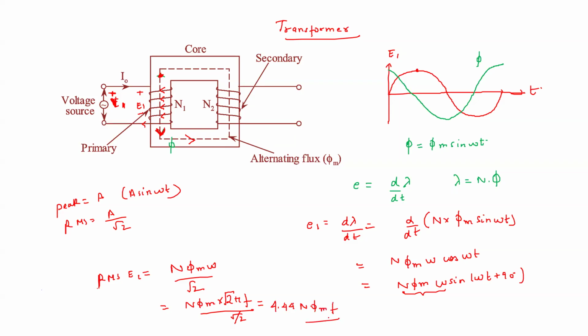This is the RMS value of E1. And this is in terms of N1, remember, because the flux lines are linked, we are talking about E. Here we want to see the flux lines which are linking these N1 turns. So everywhere this has to be N1.